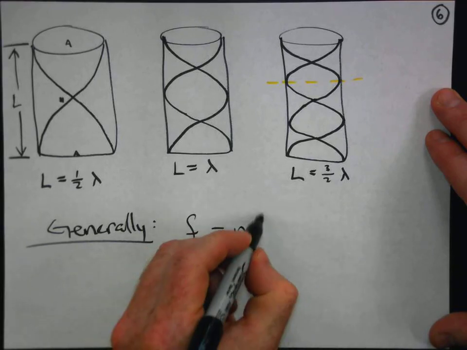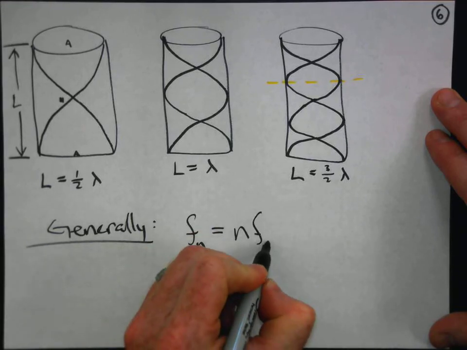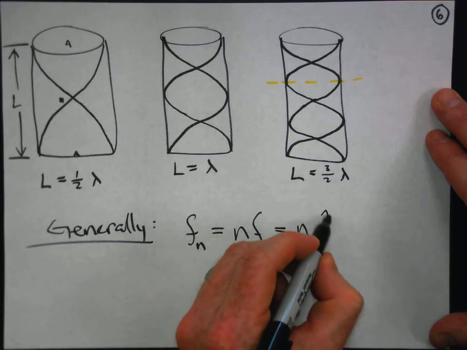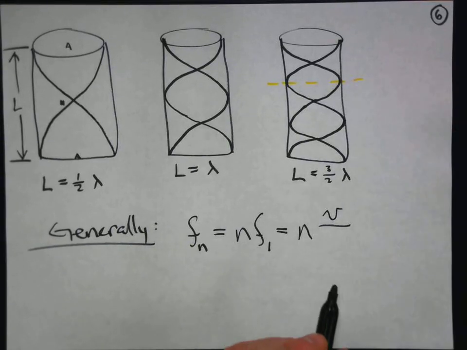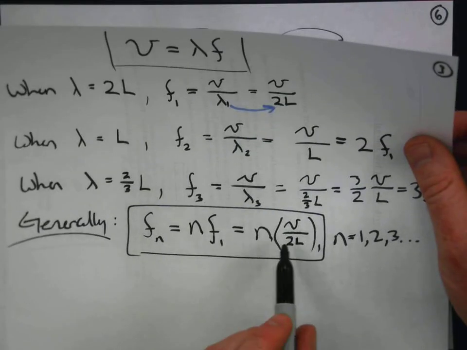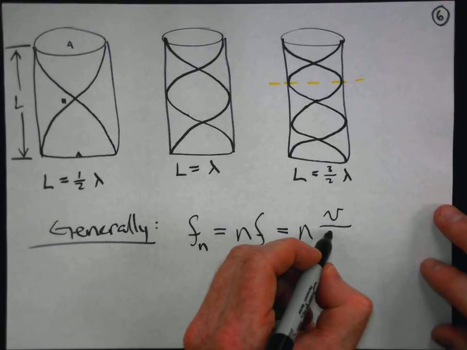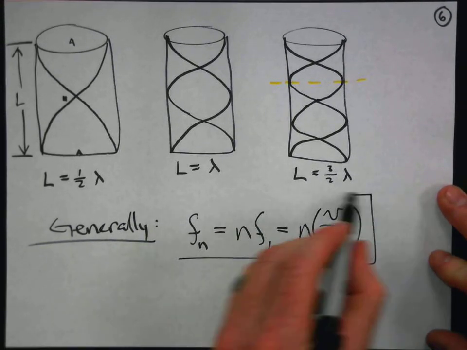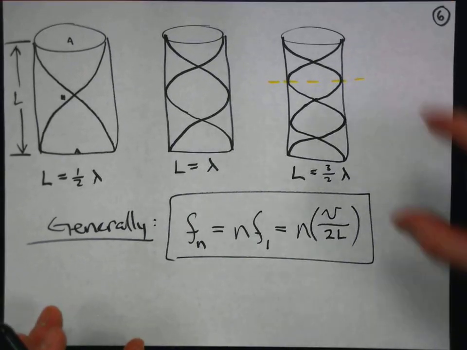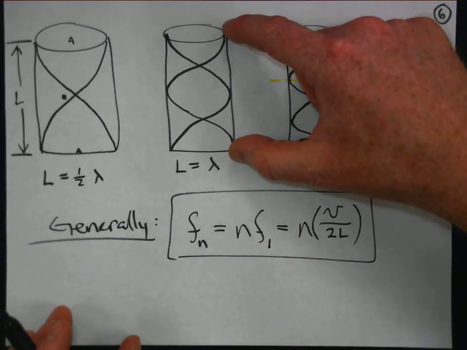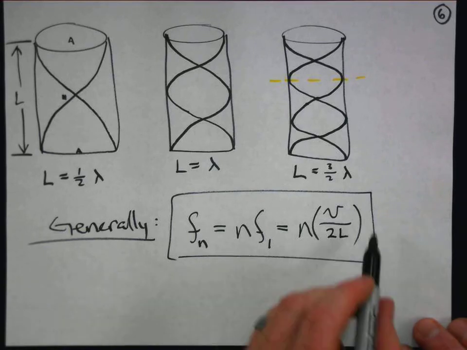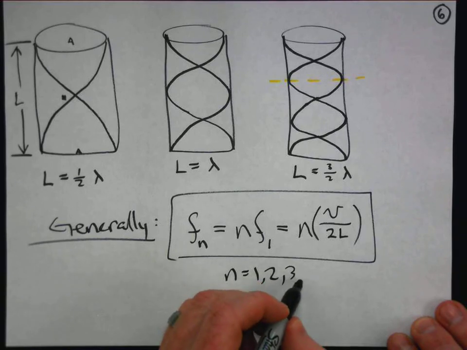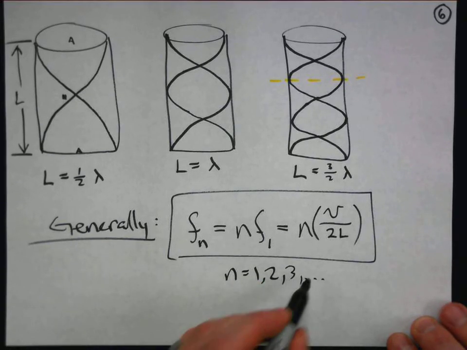And you have n times the fundamental, which is n times the speed of the wave divided by, well, with the strings it was 2 times the length. And so I have that again. So this is a vibrating column of air that is open at both ends instead of closed at one end. And this is also where n could be 1 or 2. We see all the harmonics, the odd and the even, here as well.